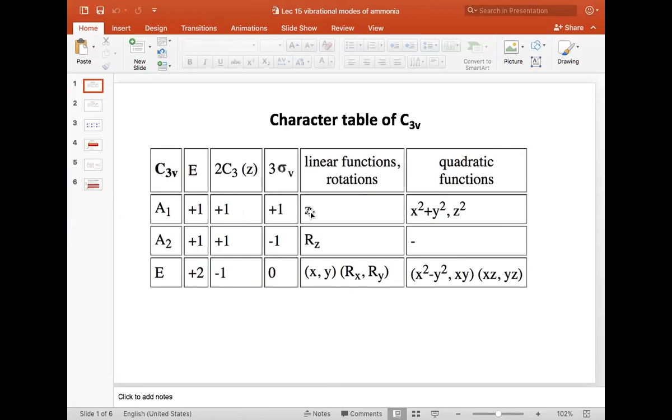Look here, this is the representation for Z and XY.